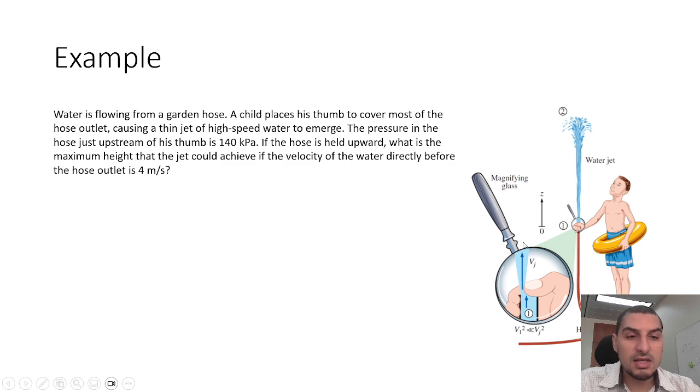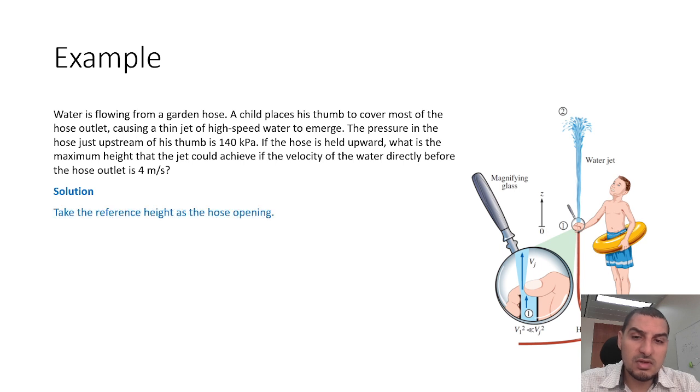What I mean is that I can consider point 1 to be the reference, so the height here is 0, and then we can calculate the height at point 2 relative to point 1. We will see later if taking another reference point makes a difference, but this is what we'll do. Given this, you can see that the problem is easy.